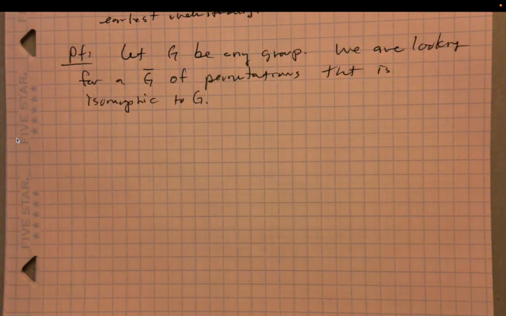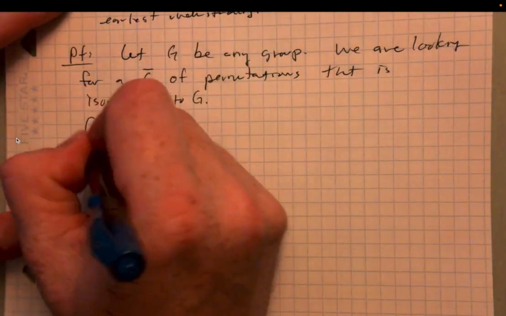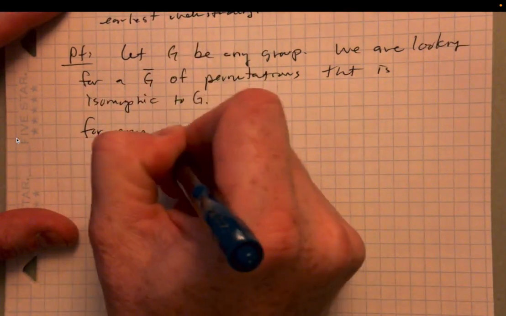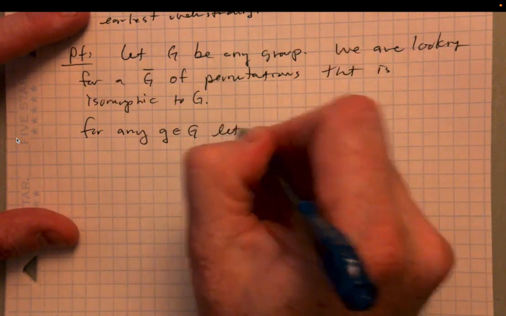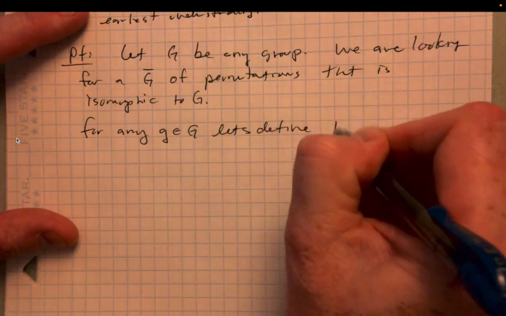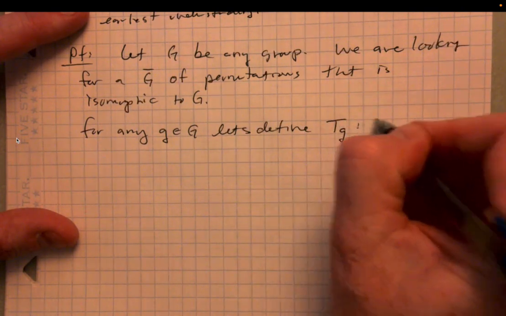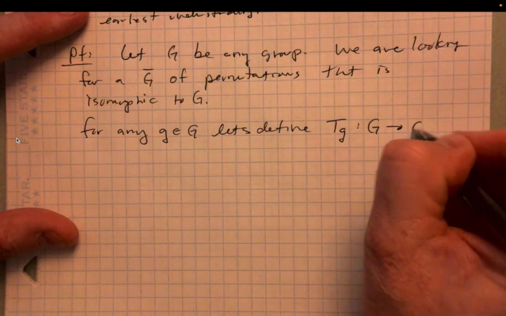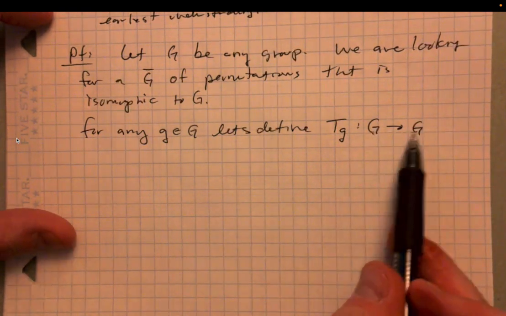Okay. And so a candidate mapping here would be the following. For any g in G, let's define T sub g from G to G. Right, so here we're mapping G onto itself, right?